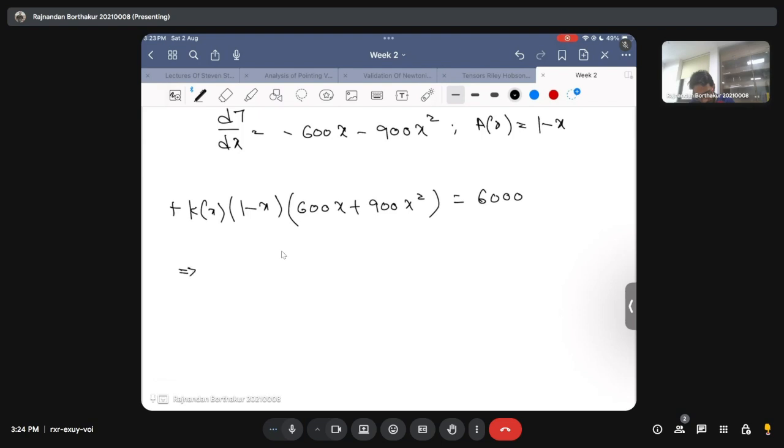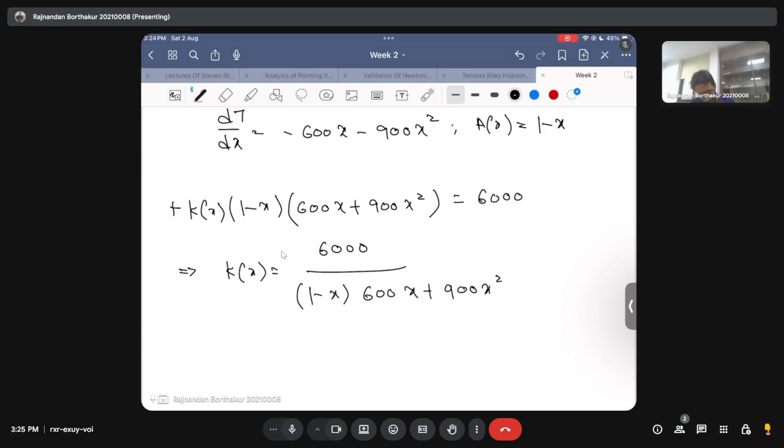Which means I get my k of x as 6000 divided by 1 minus x times 600x plus 900x squared.